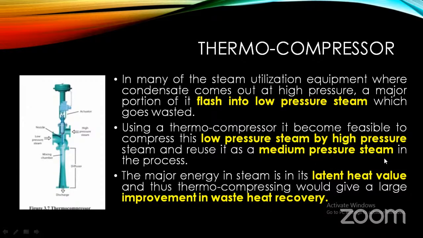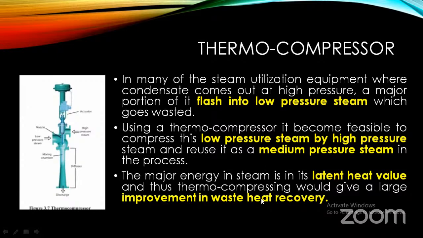That higher pressure steam might have been taken from any other point. And we mix the higher pressure steam and the lower pressure steam in a mixing chamber. This is the mixing chamber. And we reuse it as a medium pressure steam.